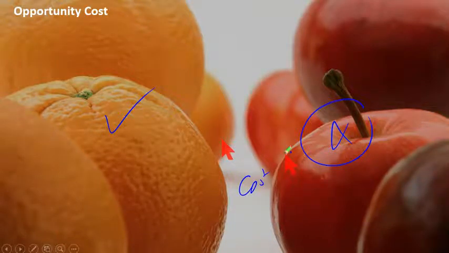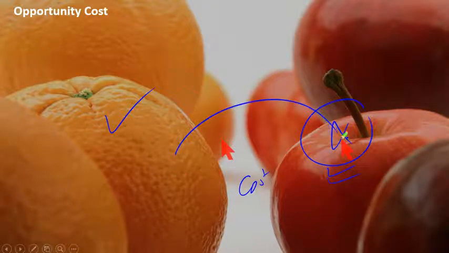So when you select one option and not the other, the benefit associated with the other alternative choice is considered as a cost. When an option is chosen from alternatives between these two, the opportunity cost is the cost incurred by not enjoying the benefit associated with the best alternative choice, apples in this case.